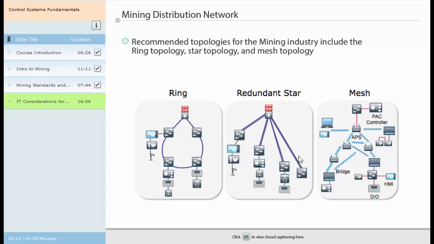Based on which phase of the mining process is being supported, there are several common network topologies that are used. In areas of the extraction and processing phase where there are more automation processes, ring and redundant star topologies are common. In the transportation phase and in areas of the extraction phase where active sites and landscapes change frequently, wireless mesh technologies are common.